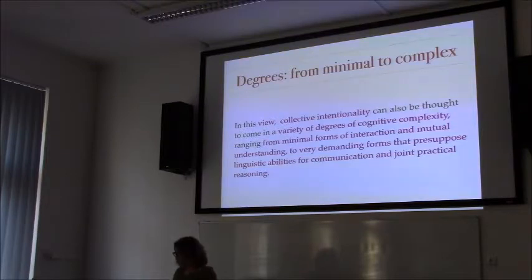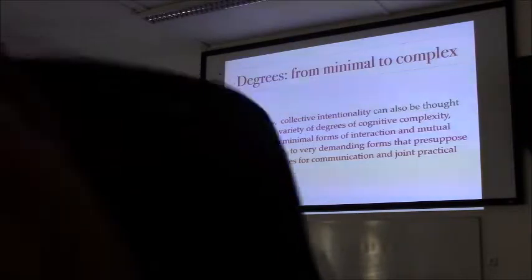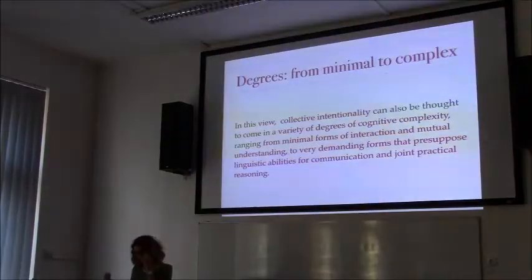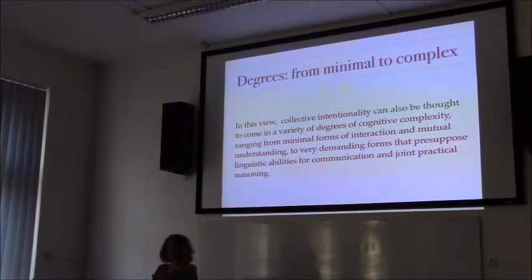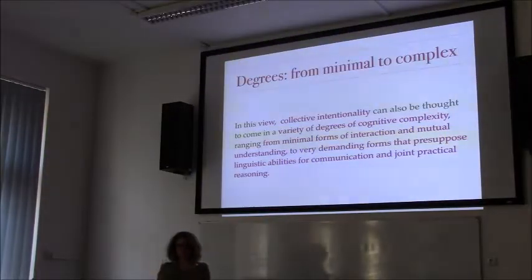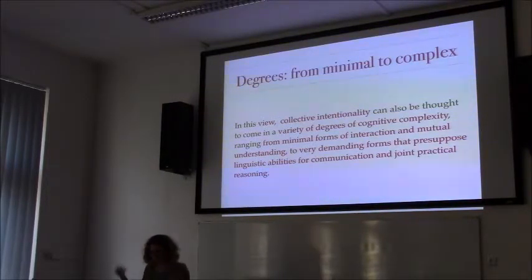These range from very minimal forms of interaction and mutual understanding, like when you spontaneously dance with one another or walk together, to more demanding forms that presuppose linguistic abilities for communication, like when I'm preparing dinner with a friend and we discuss how we are going to do this. That requires much more cognitive sophistication. It requires capacities for showing practical reasons, while the case of walking together or dancing spontaneously doesn't.